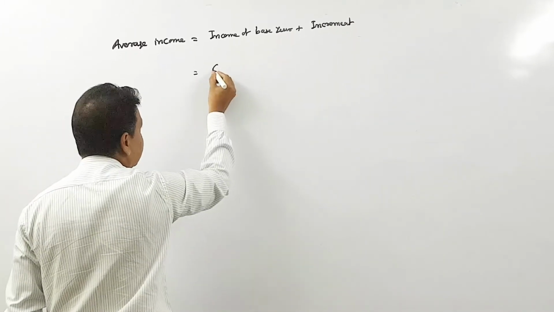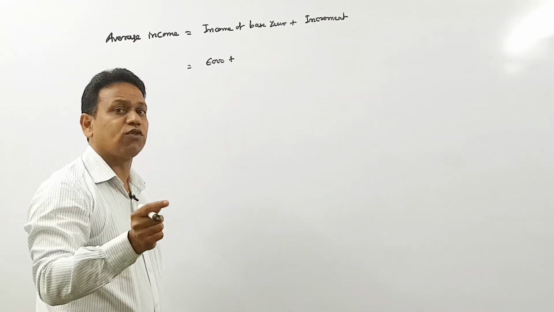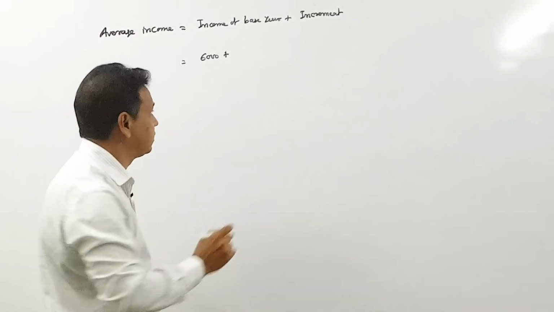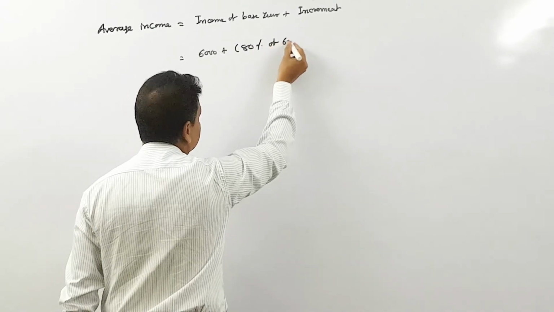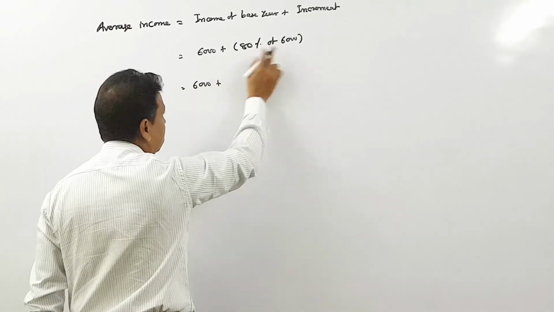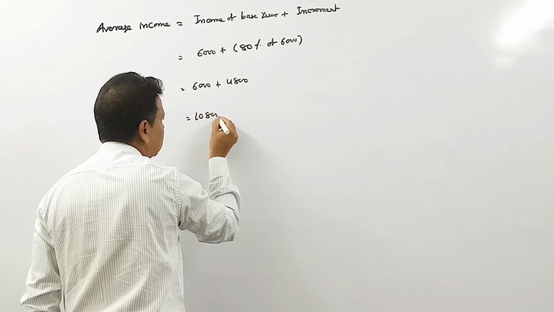So the income of base year they have given is 6,000, plus your cost of living index number becomes 180. That is called 80% rise. So we have to find out 80% of 6,000. So 6,000 plus 80% of 6,000, which is 4,800. So your answer is 10,800.